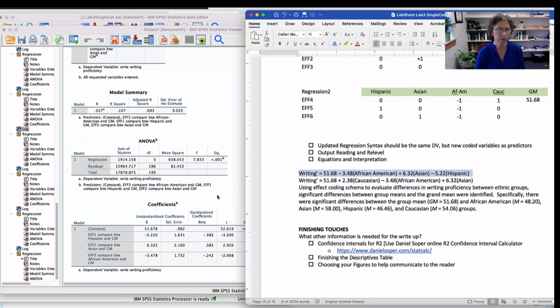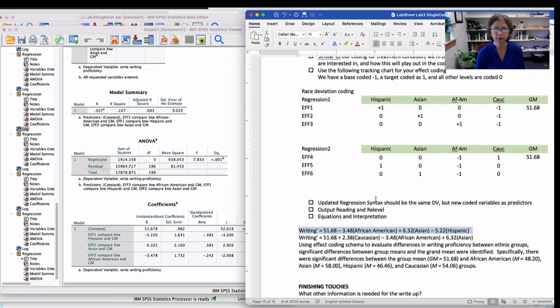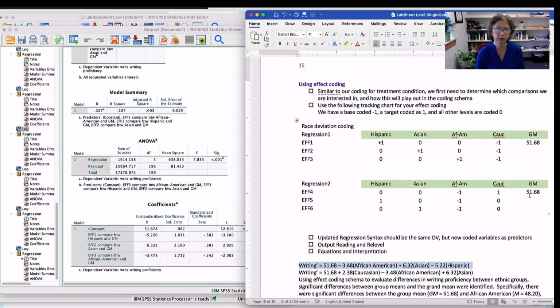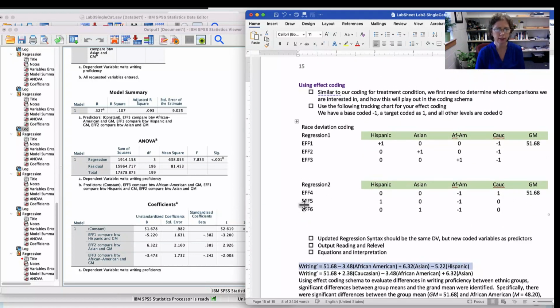So we will go do that. Now with effect coding, since it's just comparing to the grand mean, we only need a second regression to get Caucasian in there. We're just going to choose a different level to be the base, and then make sure that Caucasian has a target.